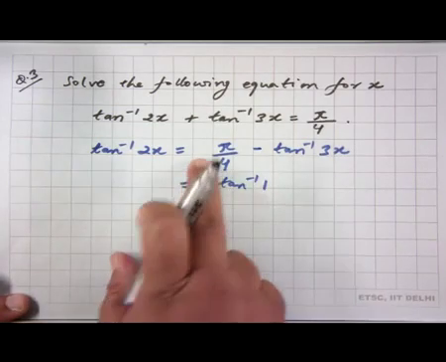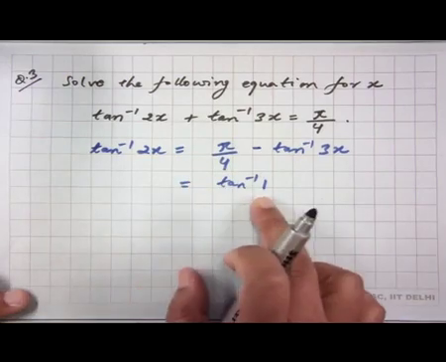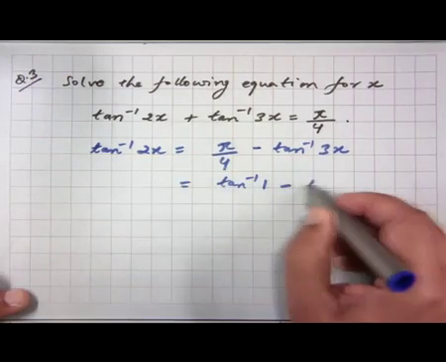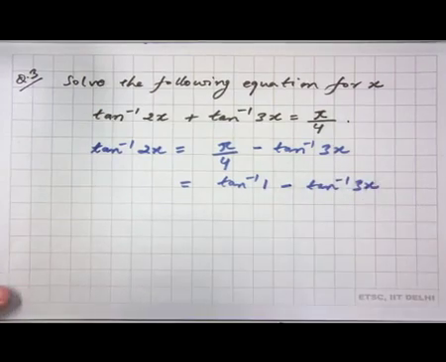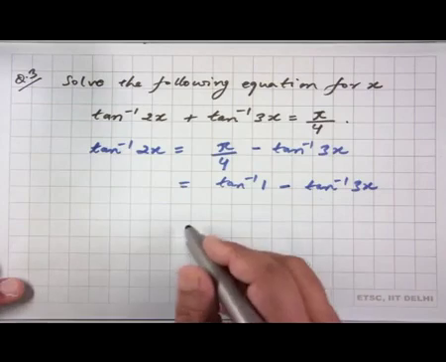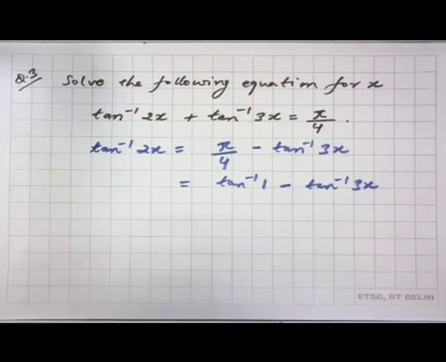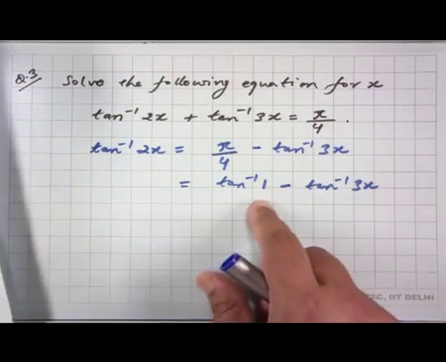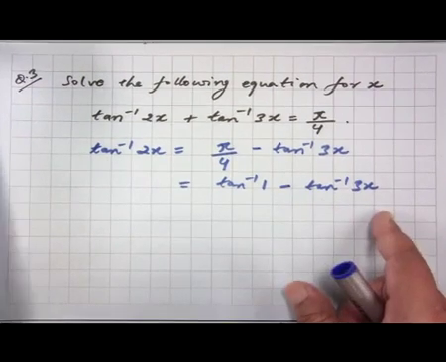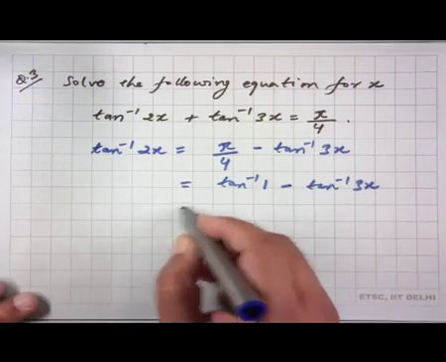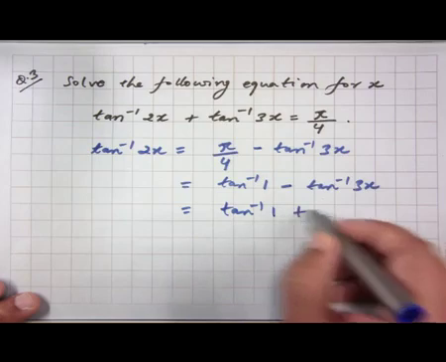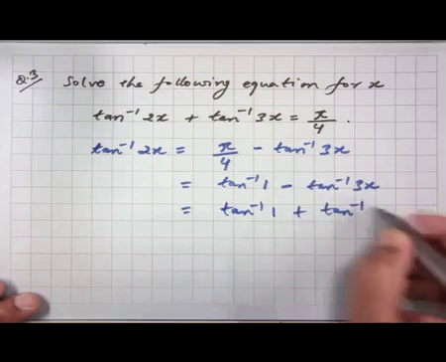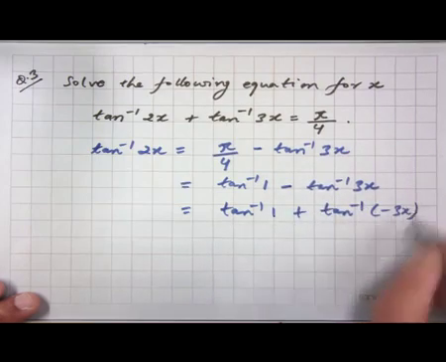So, we replace pi by 4 by tan inverse of 1, and therefore, the right hand side is equal to this expression here. And then we have to use the formula for tan inverse x minus tan inverse y, or rather we can actually write it as tan inverse 1 plus tan inverse of minus 3x.